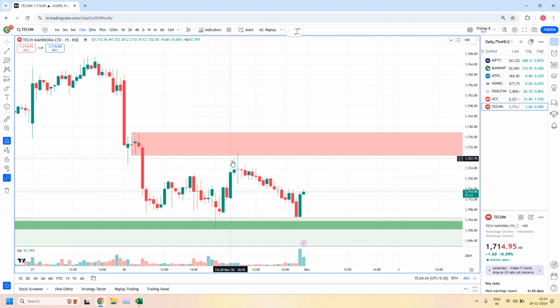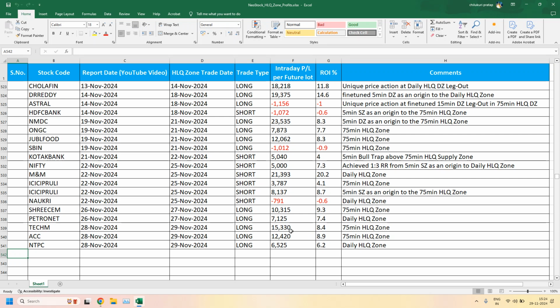By reaching this 15 minutes target zone, you would have got 15,330 rupees profit as per one futures margin cost. And this is 8.4% ROI as per the one lot margin cost.